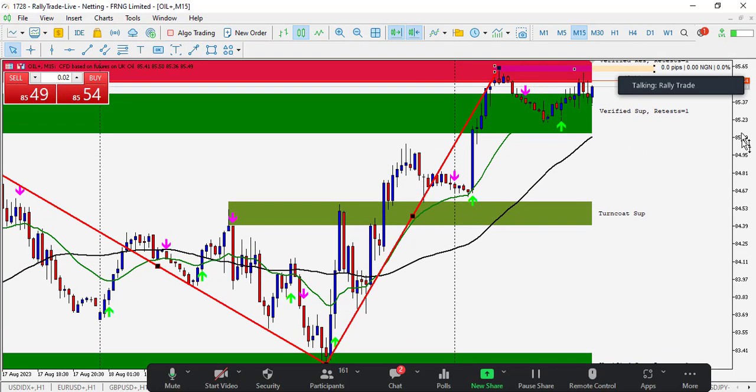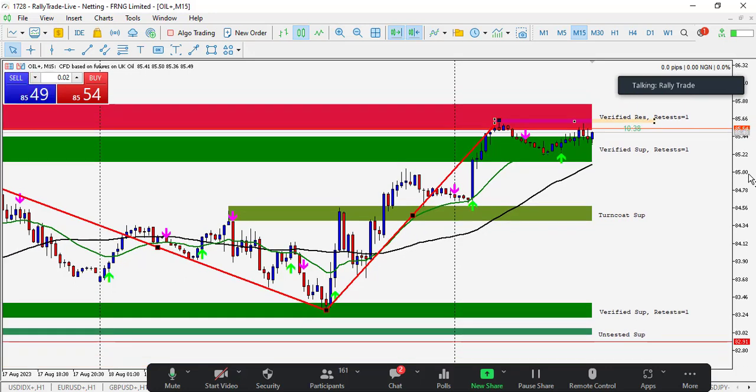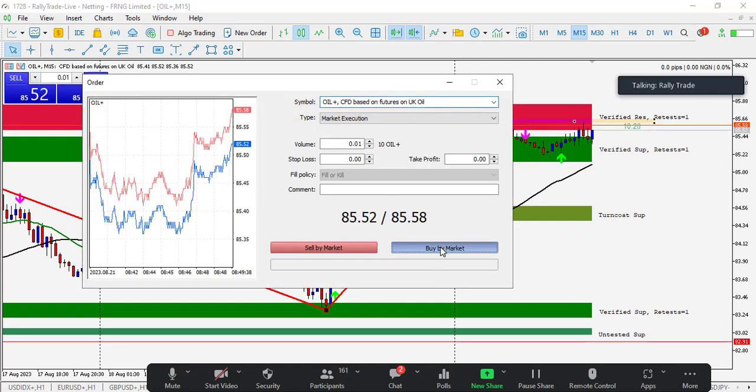Okay. Now, if you look at this oil clearly, if you have good money, if you have good capital, you are advised to enter this trade. Not with small money, actually, right? So this trade will be a good trade, guys. So let me go in with a much smaller lot size.